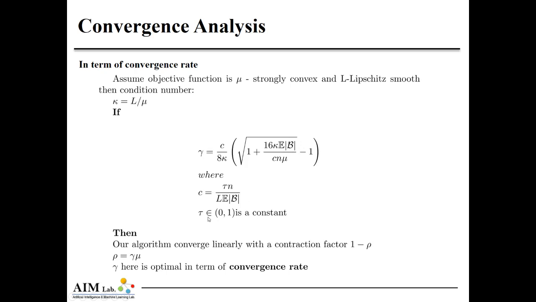Our algorithm will converge linearly with a contraction factor 1 minus rho. Here, rho is equal to gamma times mu. And this gamma is optimal in terms of conversion rate.